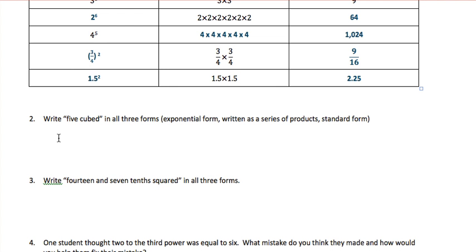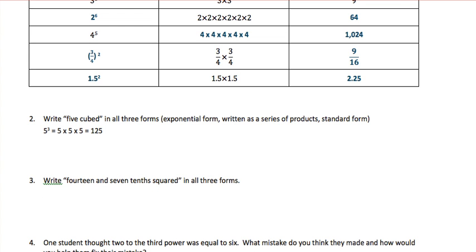They ask us then to write 5 cubed in all three forms. 5 cubed is 5 to the third power. And then that is 5 times 5 times 5. And then it's standard form. 5 times 5 is 25, times 5 is 125.